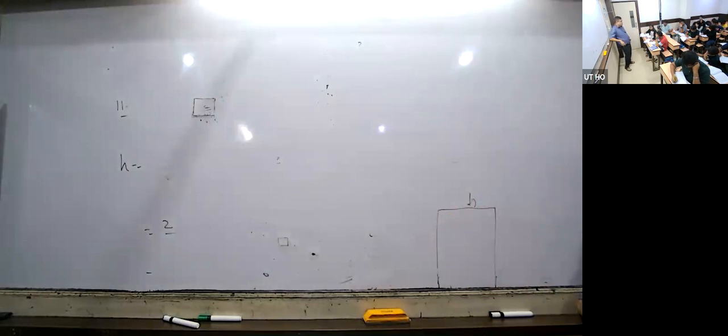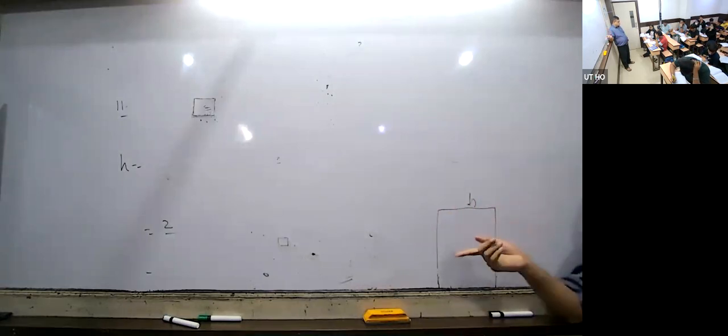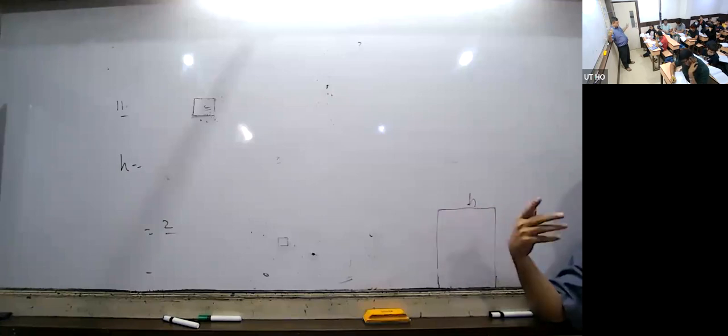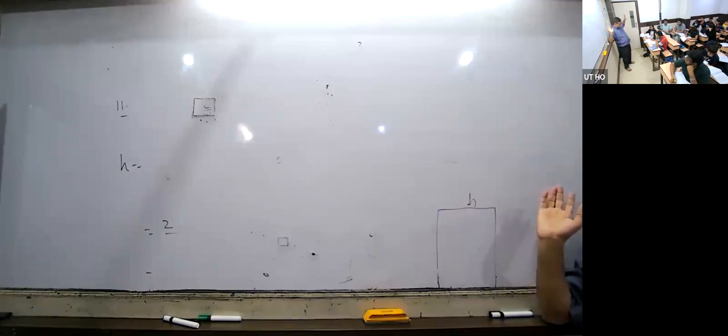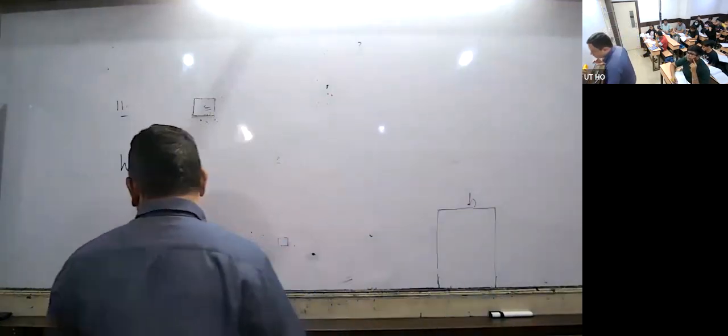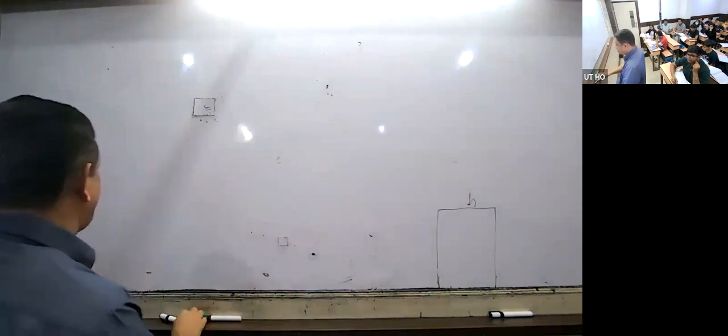I repeat once again: when a cylinder is rotated once, distance traveled is equal to circumference and area covered is equal to CSA, the curved surface area. Now, for the cylinder, what is given?